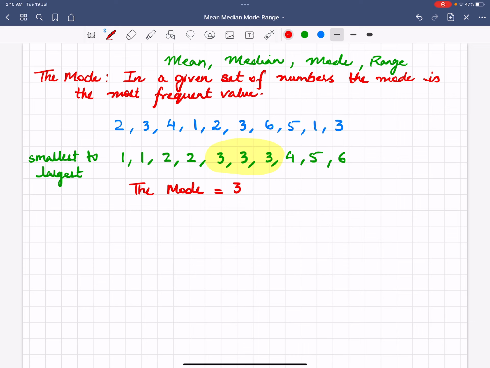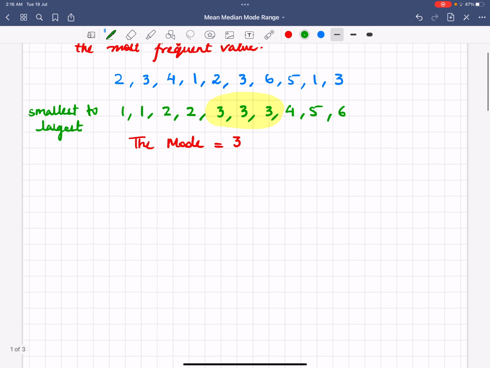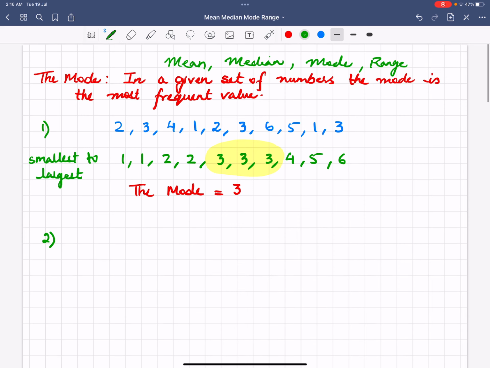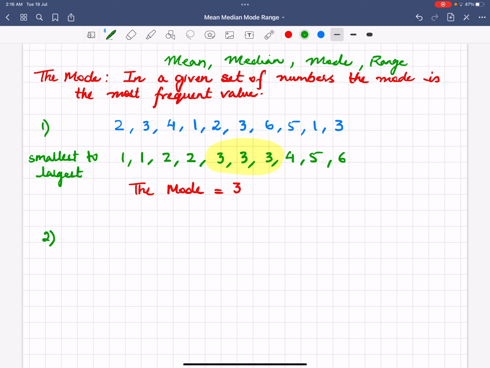So I'll write question 1 here and question 2 here. We have the numbers 1, 9, 9, 9, 6, 6, 5, and 3, 3, 3. First we will arrange the numbers in ascending order.